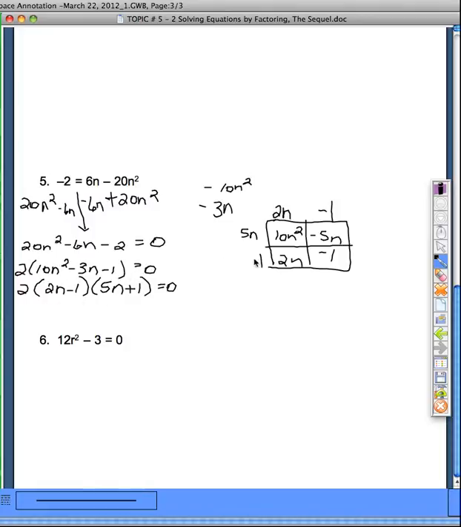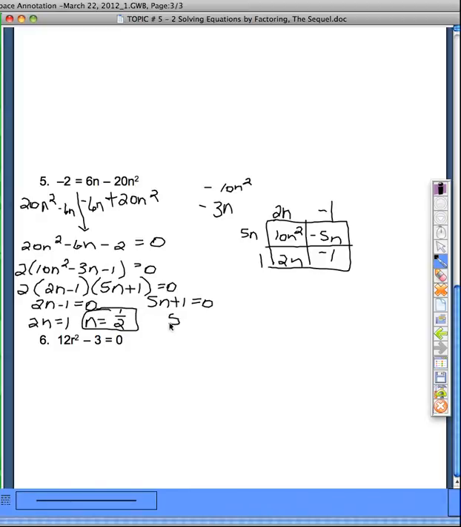Setting each factor equals 0, we have 2n minus 1 equals 0 and 5n plus 1 equals 0. So 2n equals 1, and then here n will be equal to 1/2. So that's one answer.